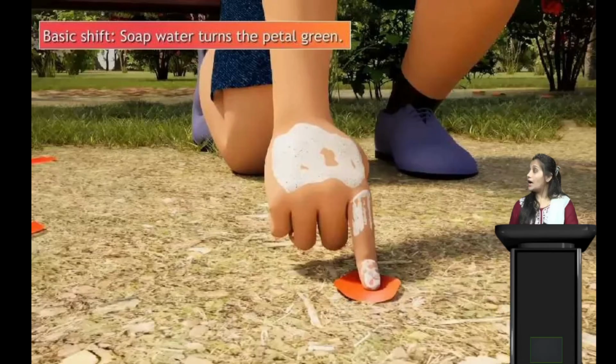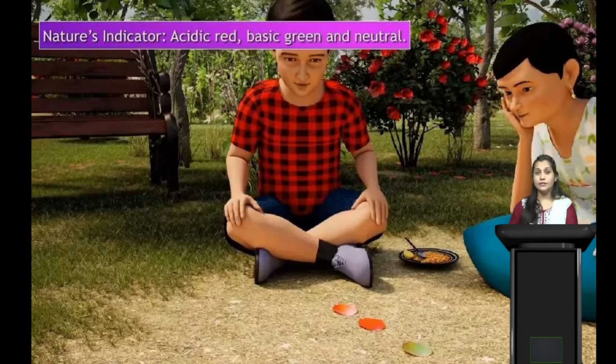Isn't it so interesting? Now he is saying that nature's indicator: acidic red, basic green and neutral. Neutral means there is no color change. In this rose, see, this is the rose petal which turned into green color. When he touched this rose petal with the soapy hand, it turns into green color. That's why it is basic.